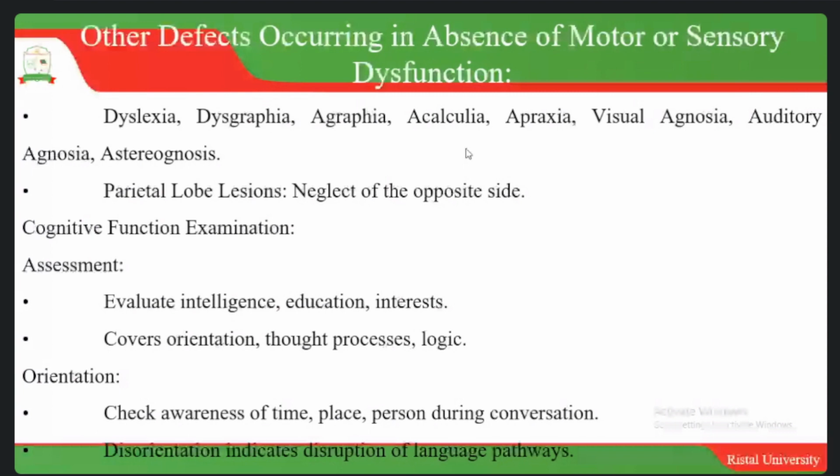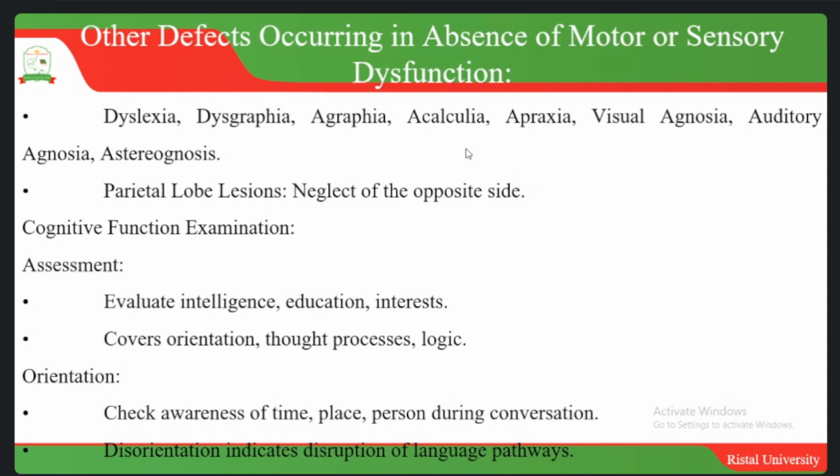Then cognitive function examination, we have to do the assessment and look at exactly what is happening on the cognitive aspect of our patient. So you have to evaluate the intelligence. Cognitive is basically looking at the mind of our patient, looking at the brain of our patient. So it's all about thinking and also using intellectual abilities of our patient.